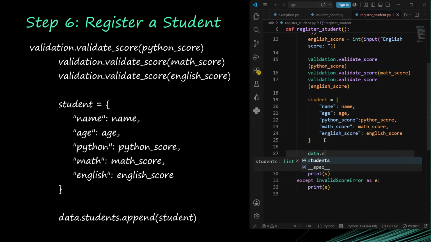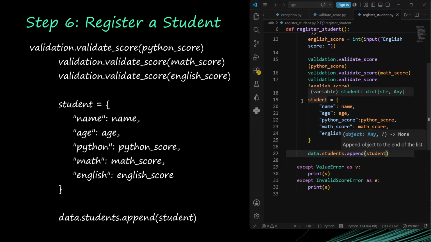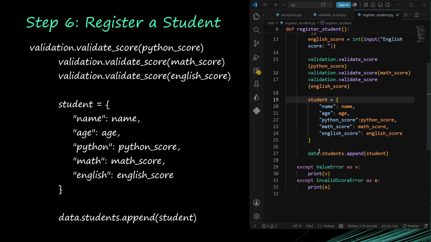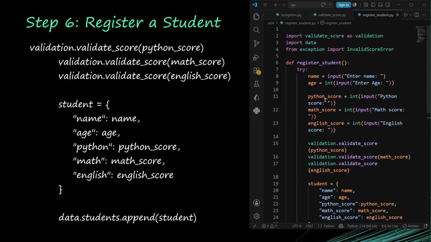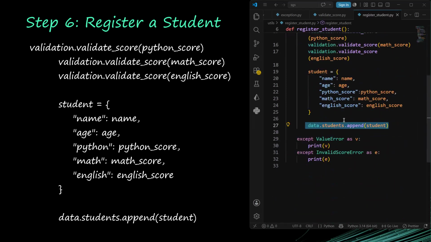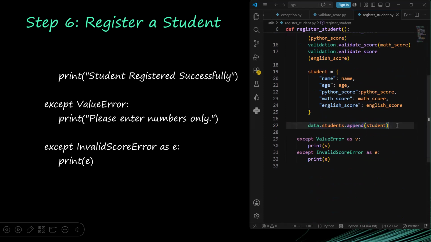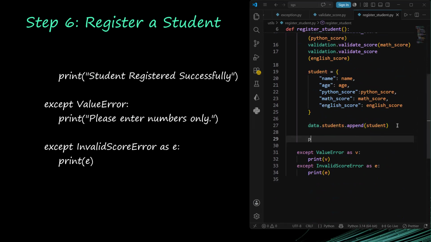So data.students dot append. We want to append the student that we have created here. So after creating this, we are storing it, we are appending it to the list that we have in that data file.